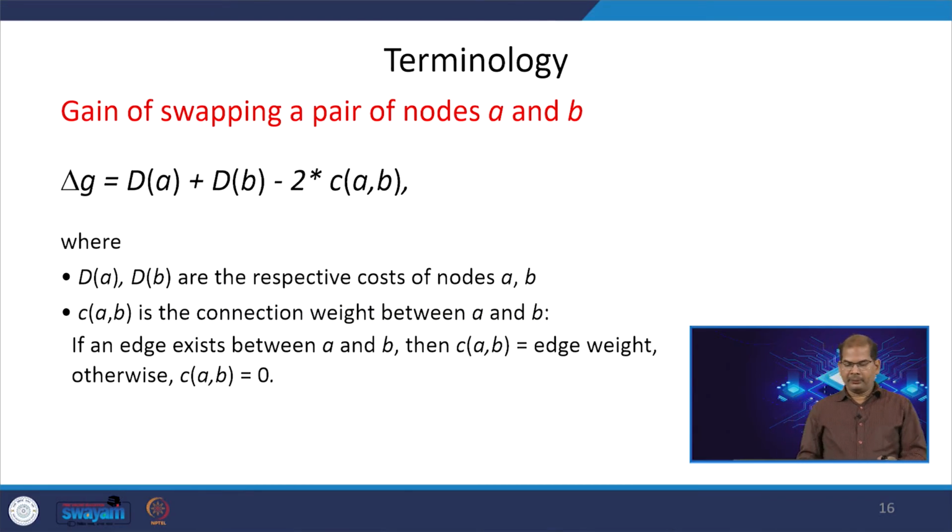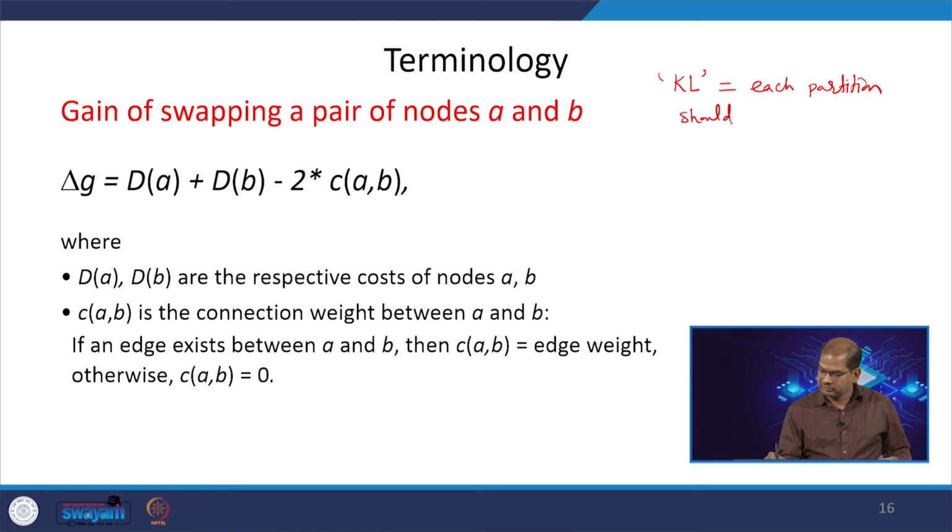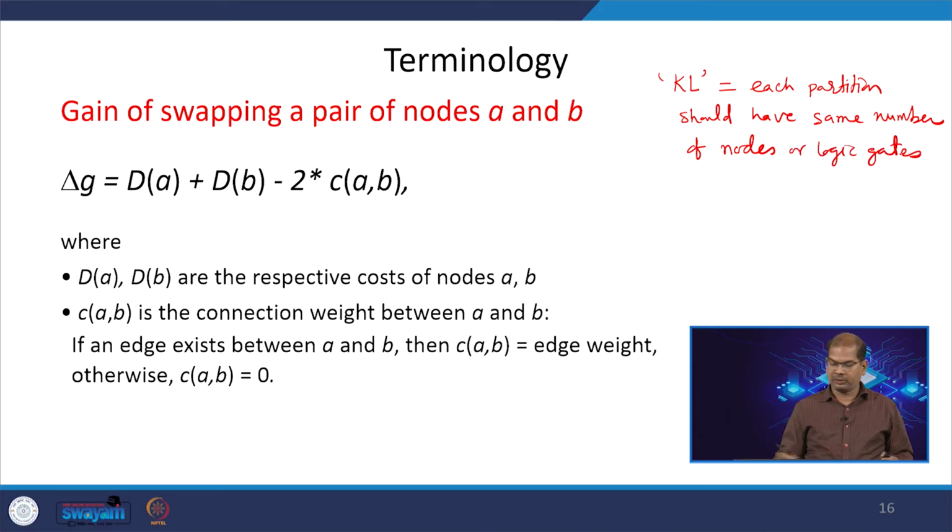Now, in the case of the KL algorithm, we have a condition that each partition should have the same number of nodes, or gates, logic gates, whatever you can say. If it has the same number of nodes, then I cannot move one node at a time.